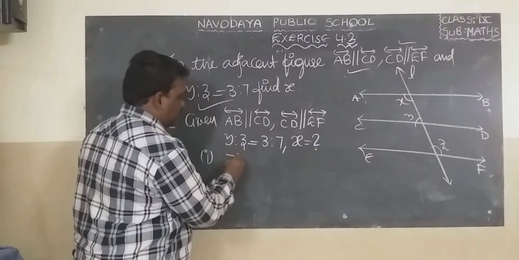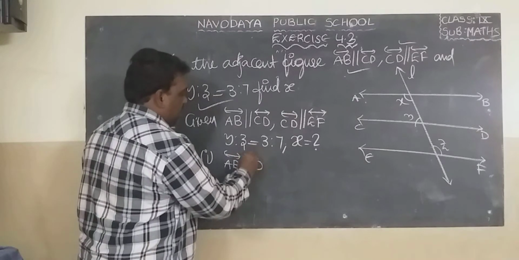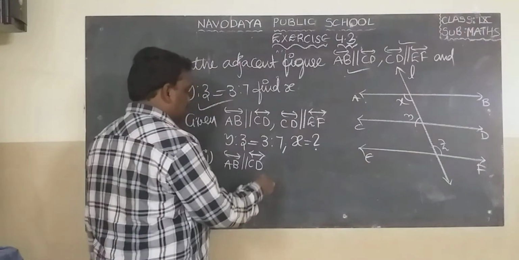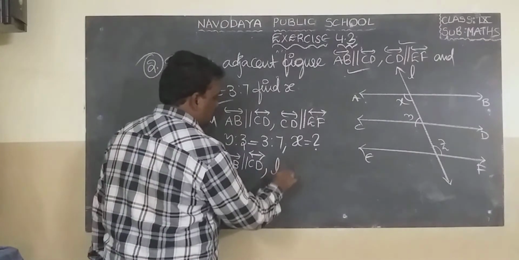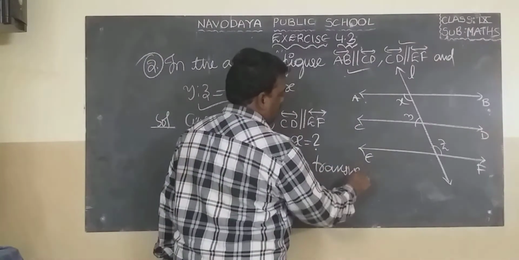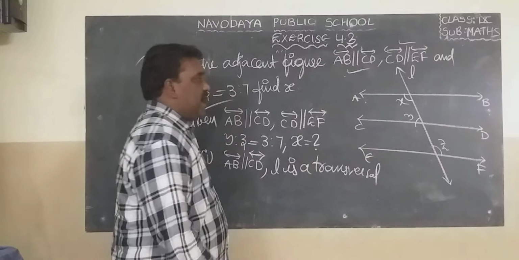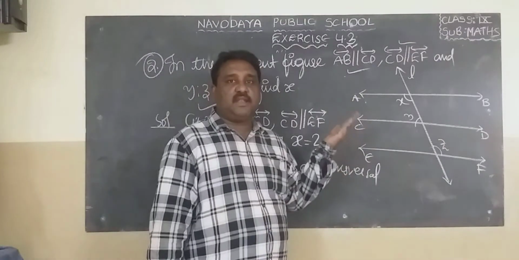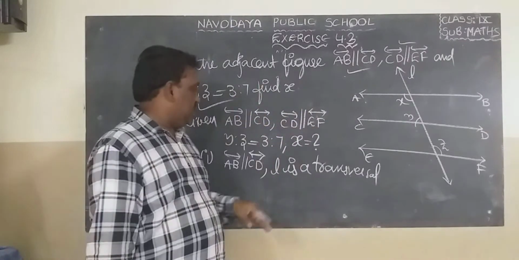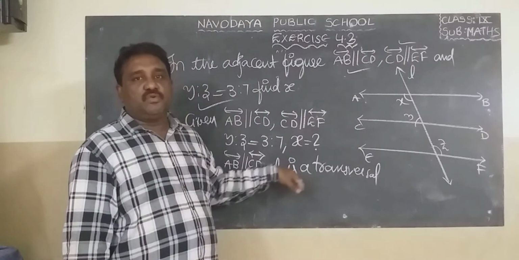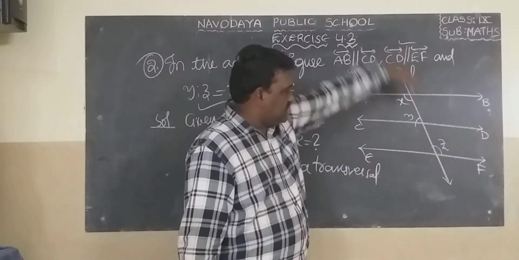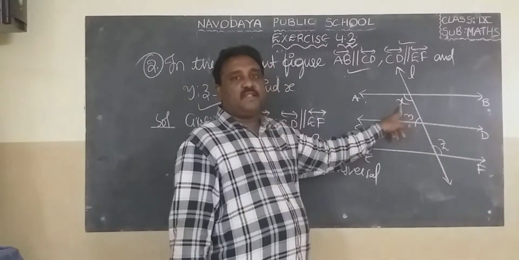Now, use the first condition. AB parallel to CD. See the diagram. AB parallel to CD, and L is a transversal. So these two lines are parallel. This is a transversal. What is x?